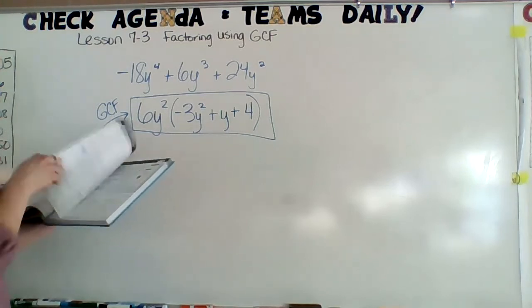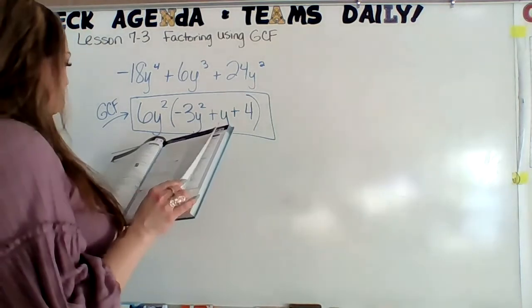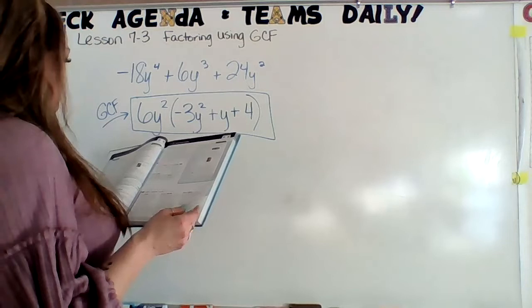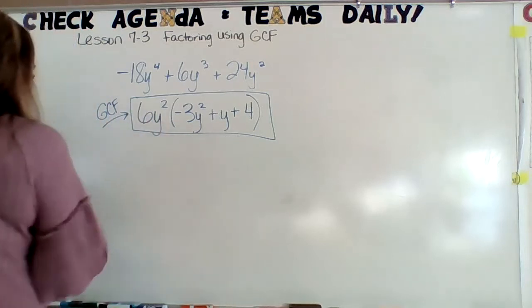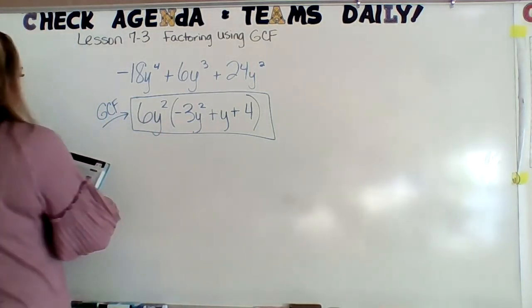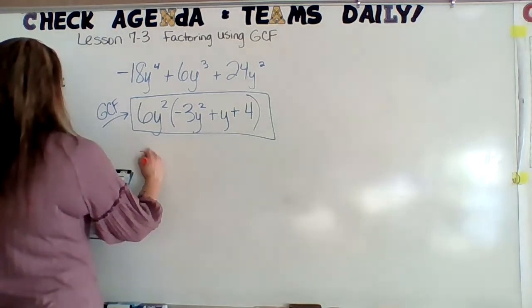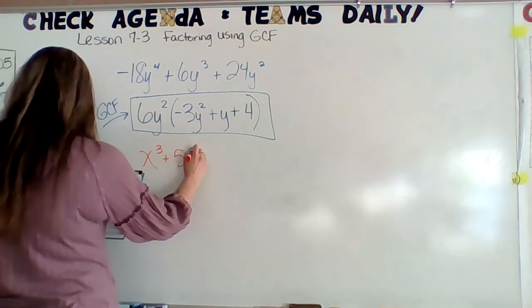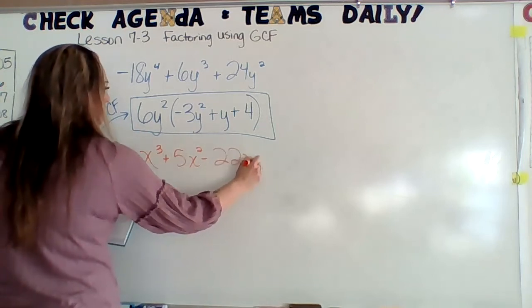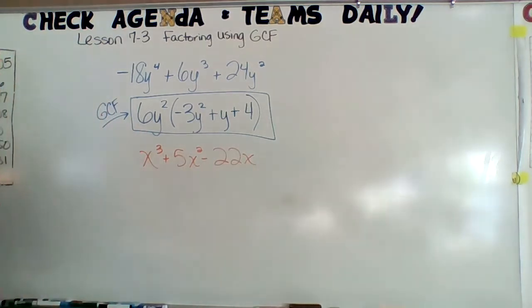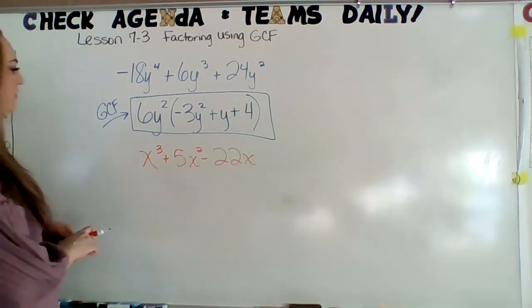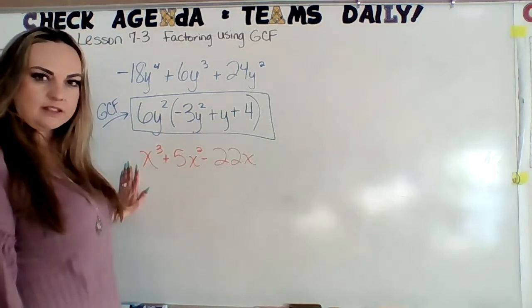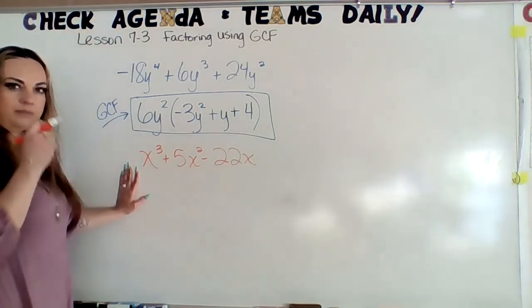Okay, one more thing. You might encounter something like this. Now we can see here that we don't have any coefficient other than 1 that's the greatest common factor of these three.